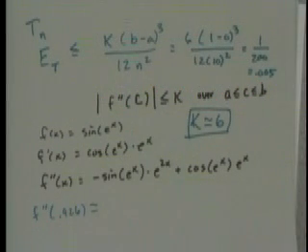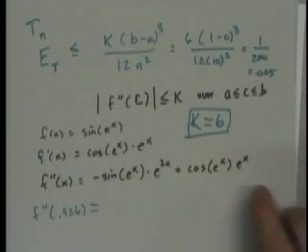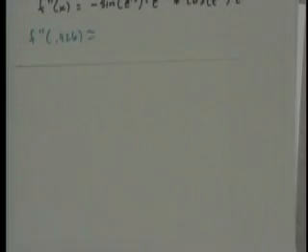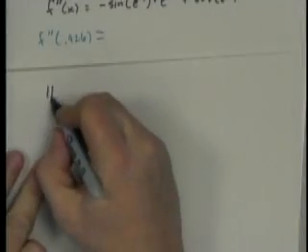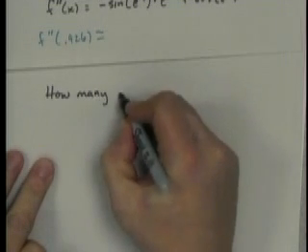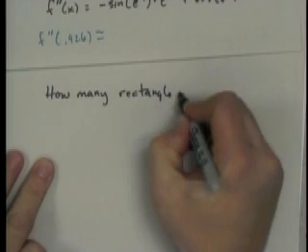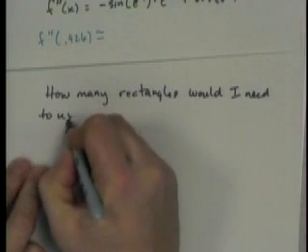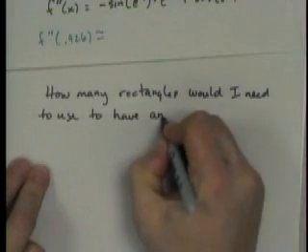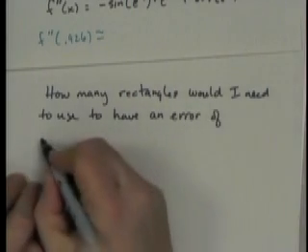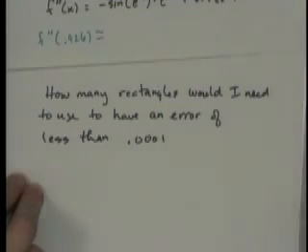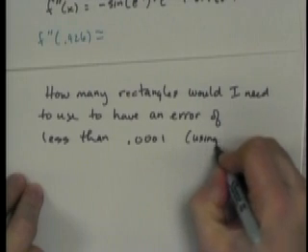Okay, so there might be a question where you're going to be asked to do something with this error term. The next question I could ask, still working with trapezoidal rule, might look something like this. How many rectangles would I need to use using trapezoid?